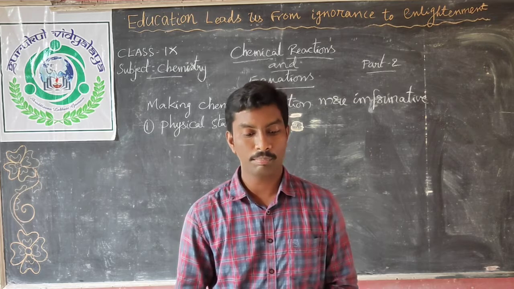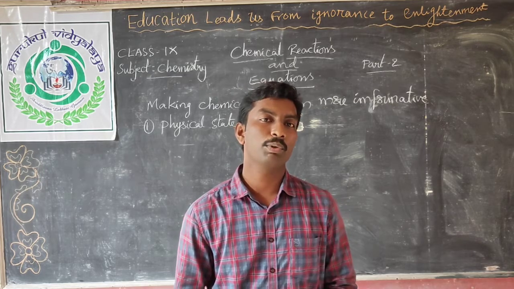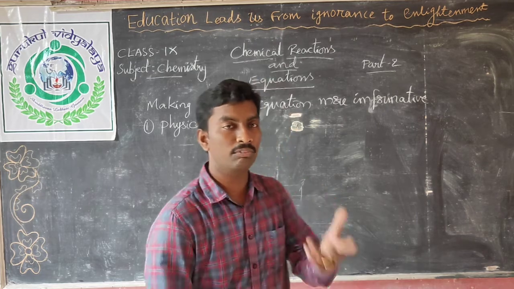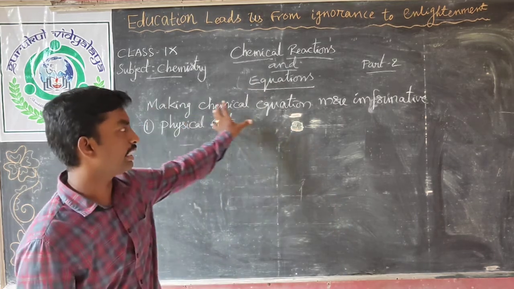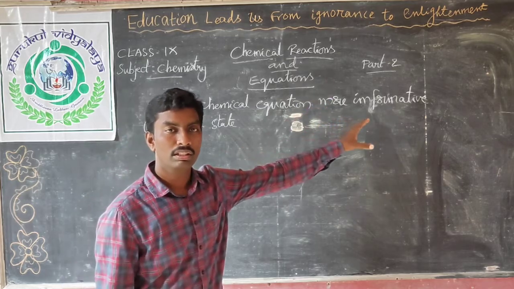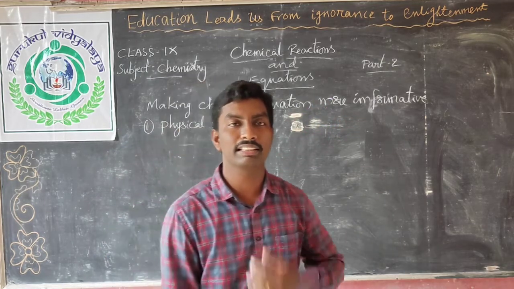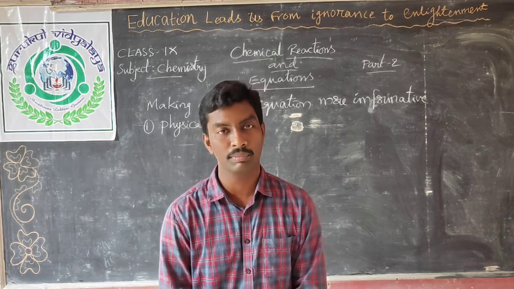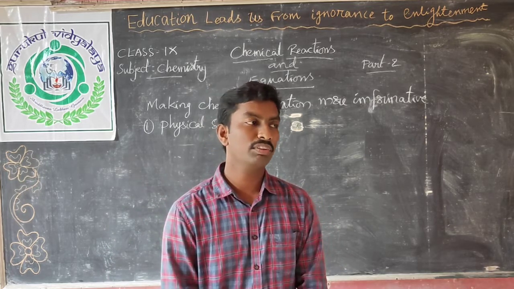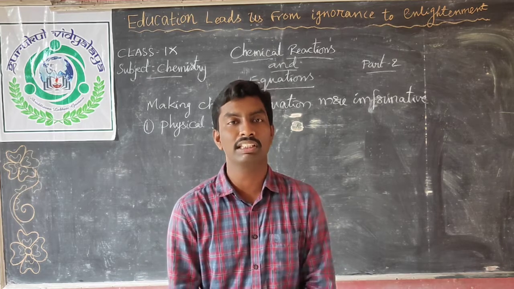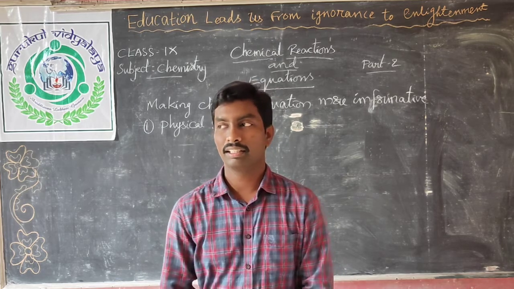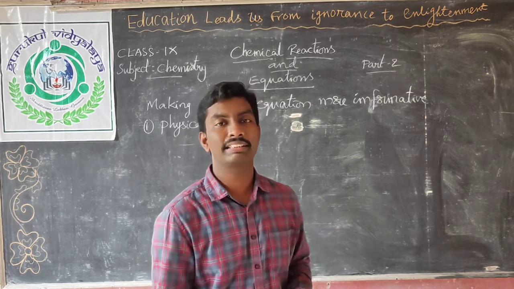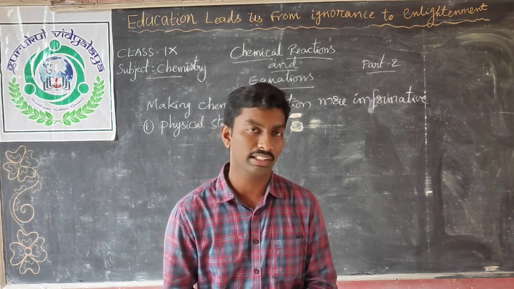Now in this topic we are going to discuss how we can make the chemical equation more informative. The first point is physical state. Physical state plays an important role in the chemical equation. When substances react with each other, we call them reactants, and what we get after the reaction is the product.